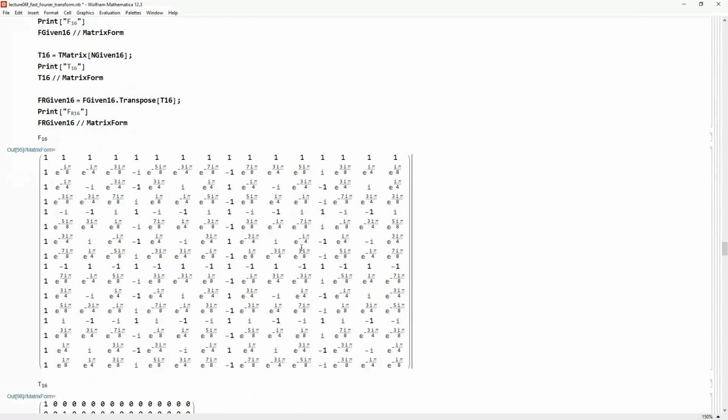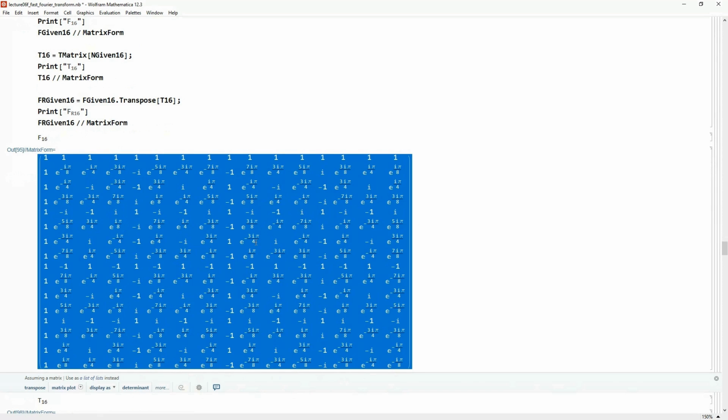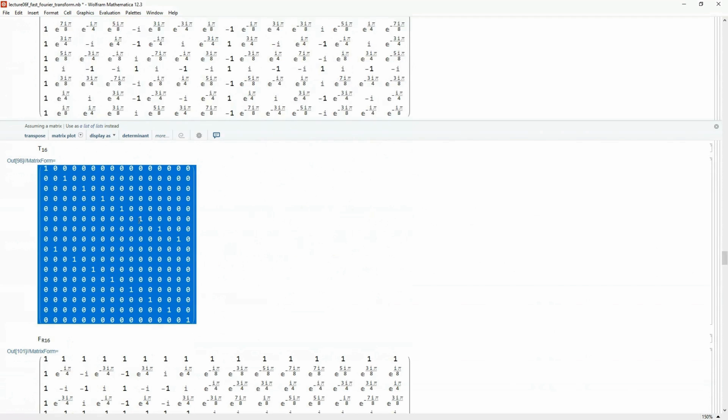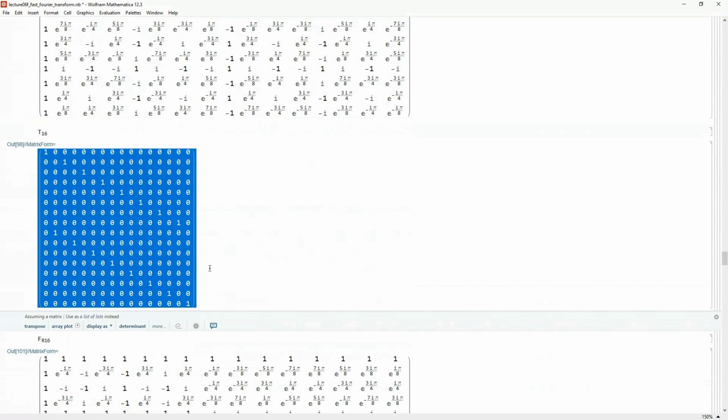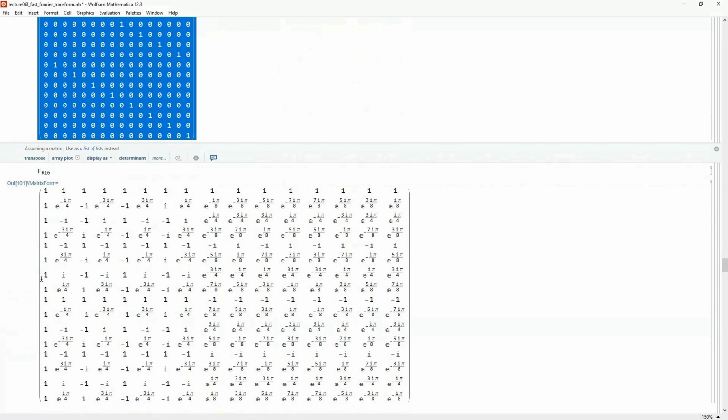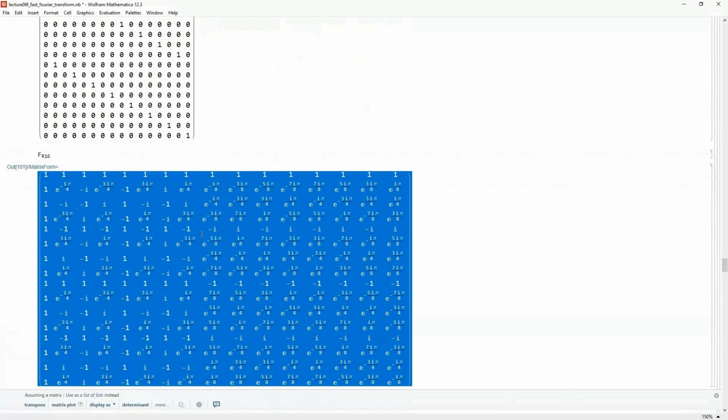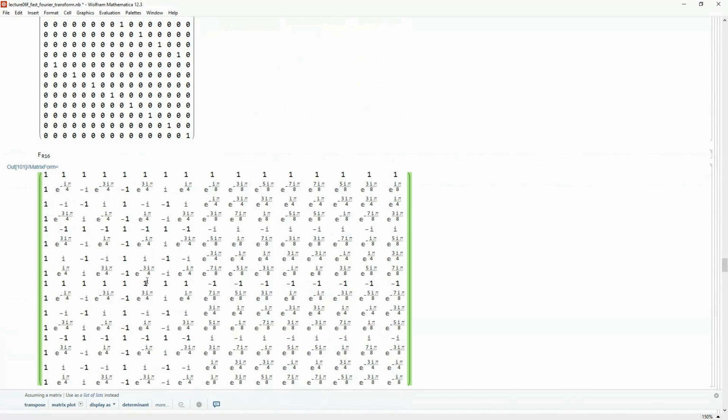So again, here's your full 16 by 16 matrix, right? And now we can make a 16 by 16 transformation matrix, which all it does is reorder the columns. So therefore, we can reorder the DFT matrix to be a 16 by 16 reordered matrix.